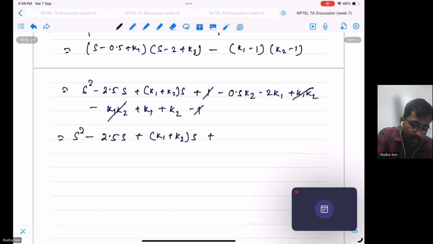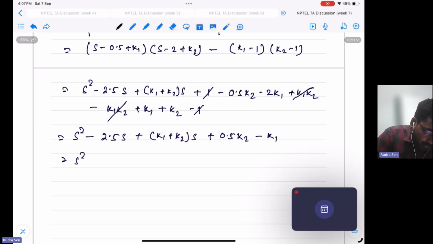Plus, this is plus k2 minus k1, right? So k2 is 0.5, sorry, plus 0.5 k2 minus k1.